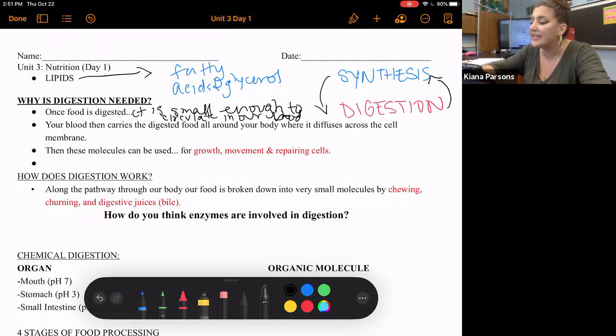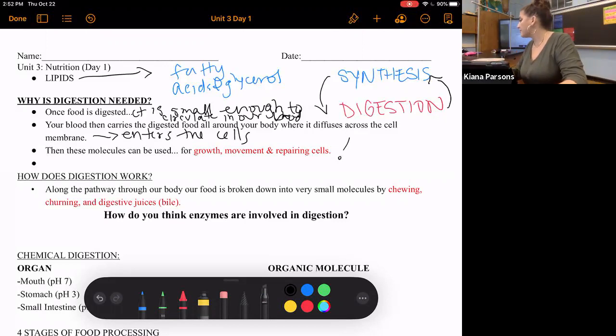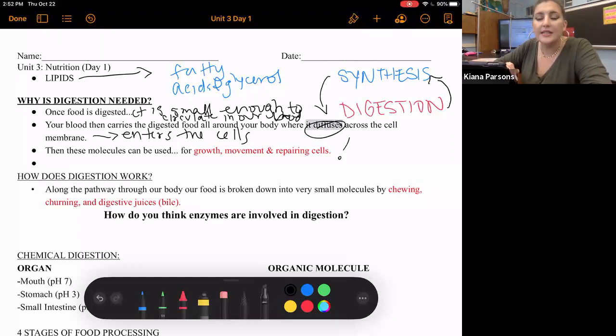Your blood then carries the digested food all around your body where it diffuses across the cell membrane and enters the cells. These molecules can be used for growth, movement, and repairing cells, so maintaining life. And this word, diffusion, is a topic that we are going to revisit in Unit 4.